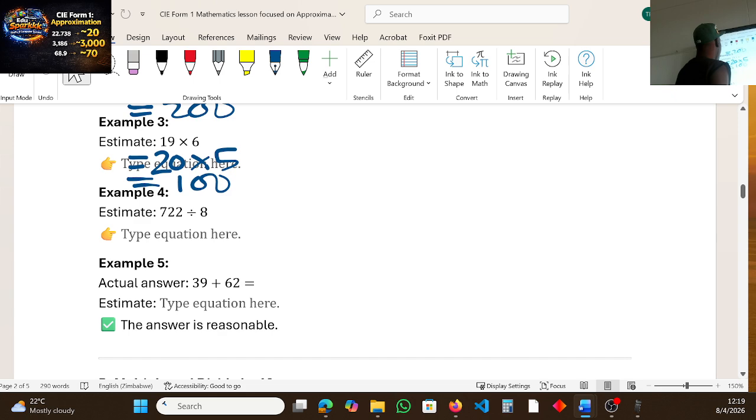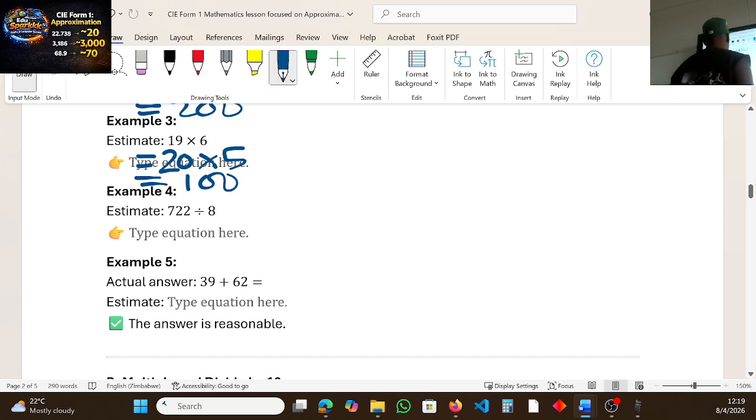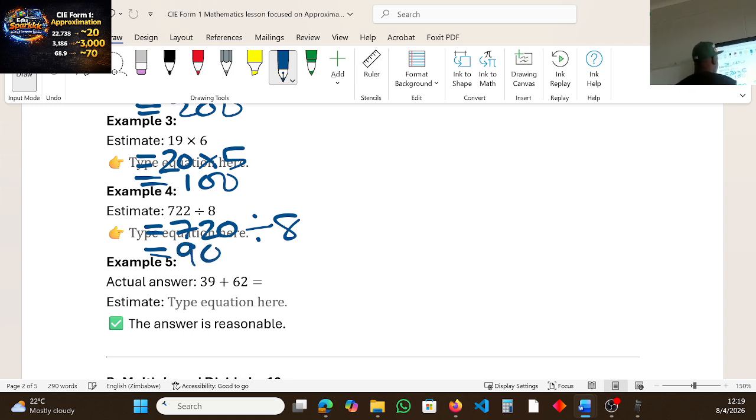Because we are guessing, we are going to try and simplify our calculation. 722 looks like it's closer to 720. Dividing it by 8, let's say we don't change 8, it's clear from our mathematical tables that 72 divided by 8 gives us 9. So there's a 0 in front, so that will be 90. I think it's a meaningful guess.